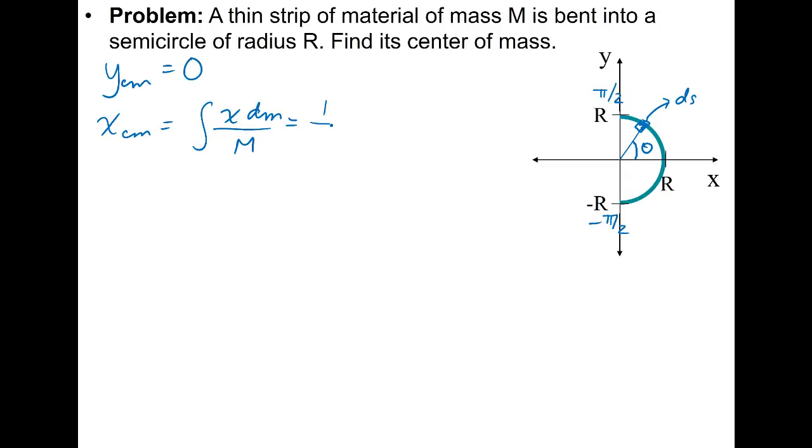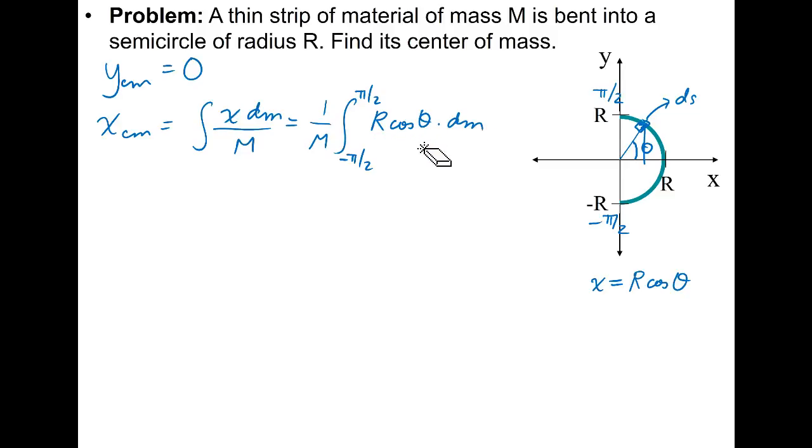So we could do 1 over m times the integral from negative pi over 2 to pi over 2 of x, but wait a second, x in this would actually be equal to r cosine theta. So now we have r cosine theta times dm, and then that's it.